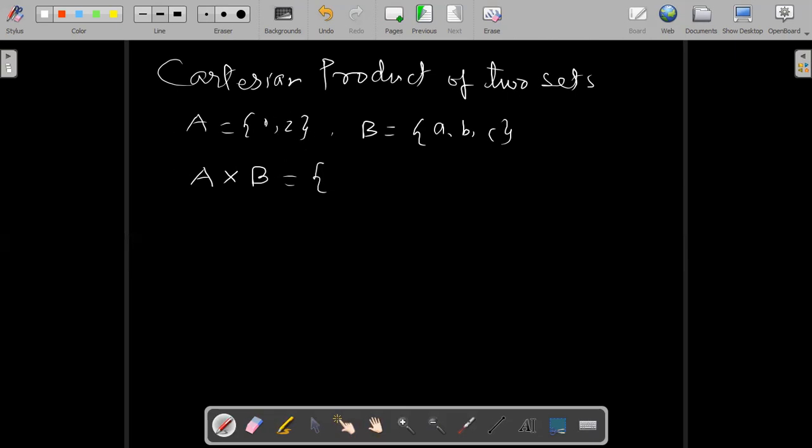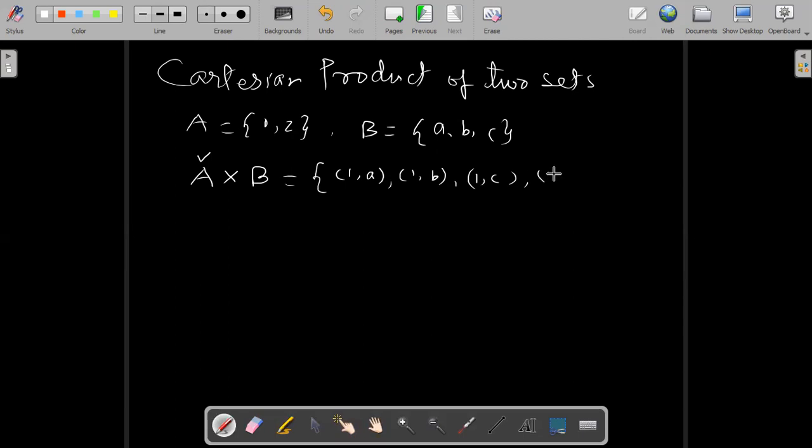So first we will write 1 with a, (1, a), then (1, b) and (1, c). Because A is written first, the first element will be from set A. It cannot be the second element.